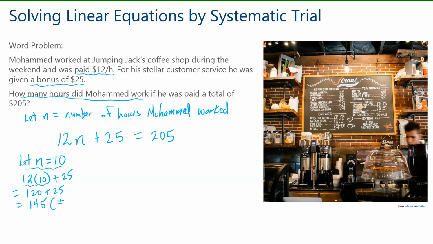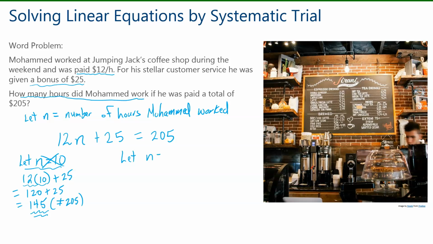Well, that's not equal to 205, so n equals 10 is not the number of hours that he worked. And based on our answer here of 145, we should note that he definitely worked more hours because his total pay is higher than 145.